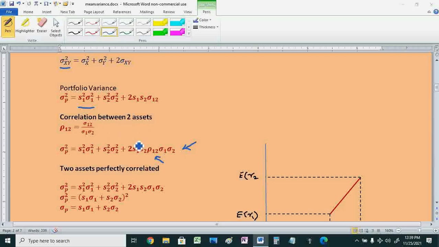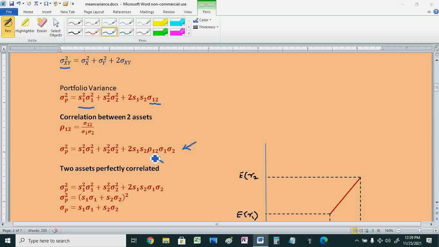So I have used this equation to replace covariance, and by cross multiplying this, we get the formula around here involving the correlation coefficient.